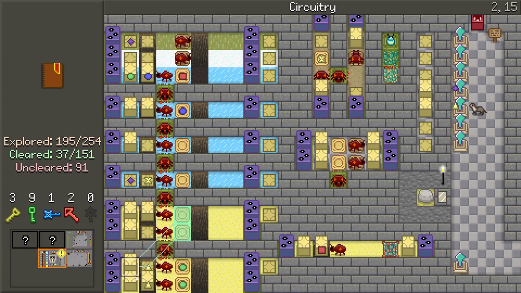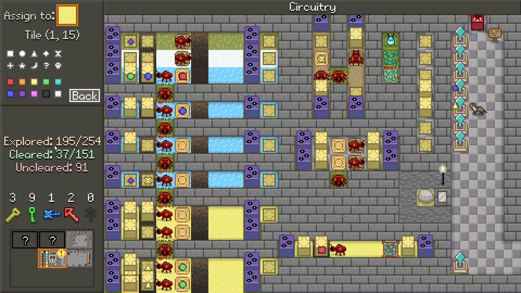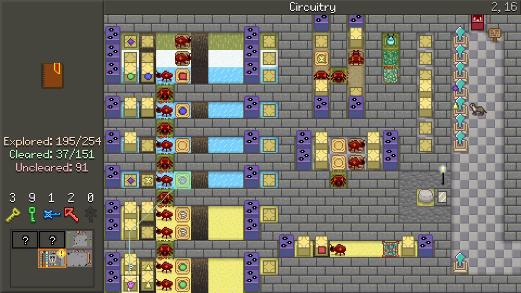Wait, hang on, so the bottom one is for purple-yellow. The top one is for those two, which are so far unassociated. Magenta skull. Is this magenta skull? And then, I don't know, white question mark is you two. Okay.